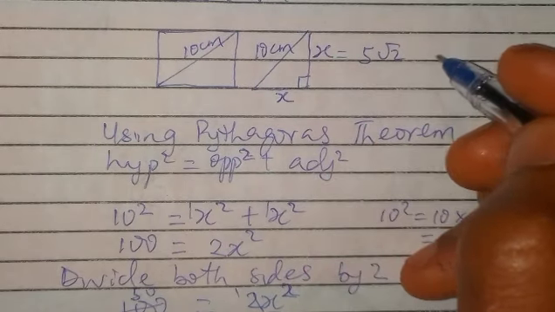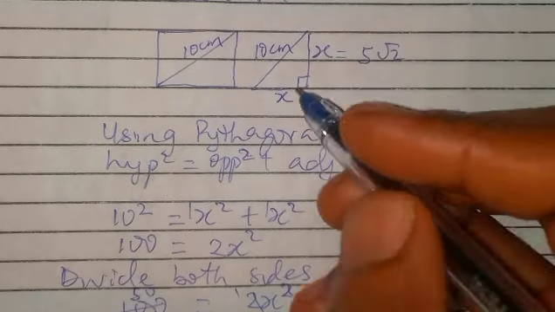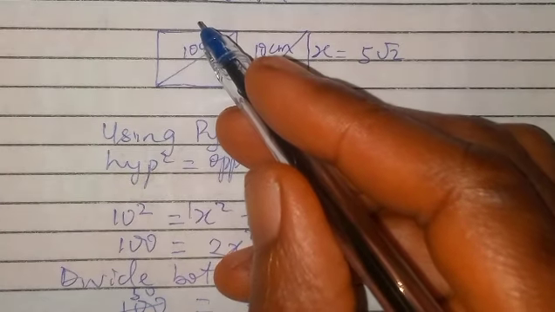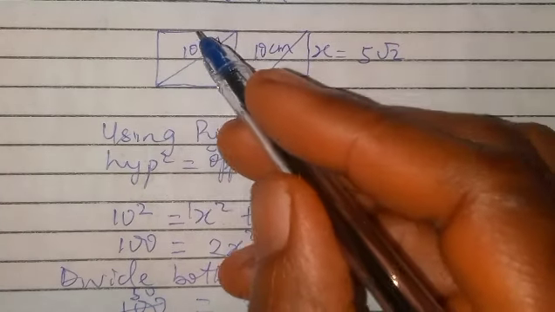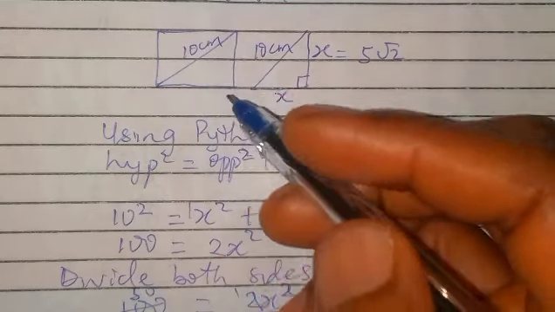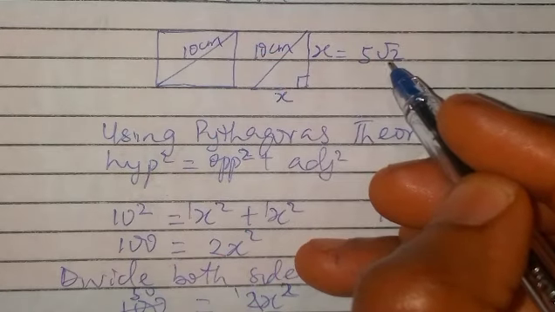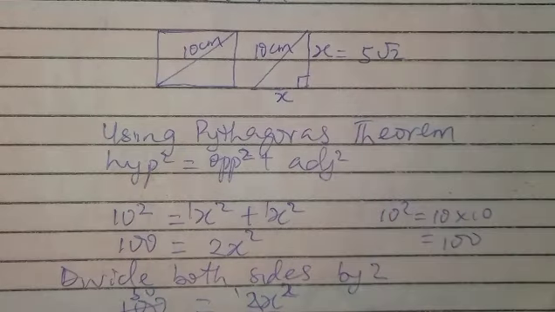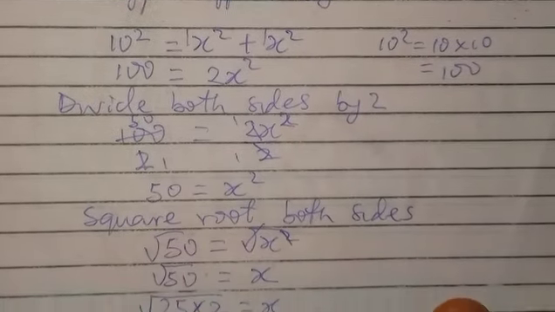So for us to get the perimeter, you know that a square has 4 sides. We add 5 root 2 in 4 places, or you multiply 5 root 2 by 4 to get the perimeter of the square.